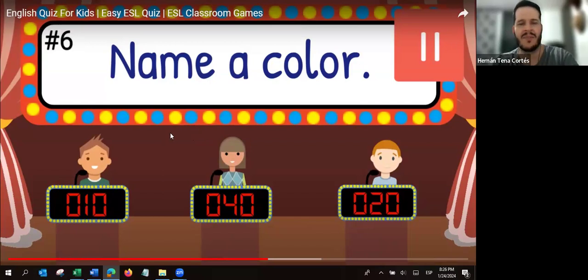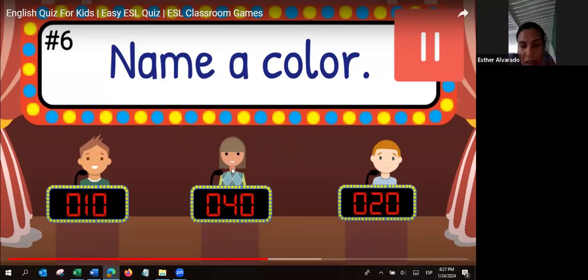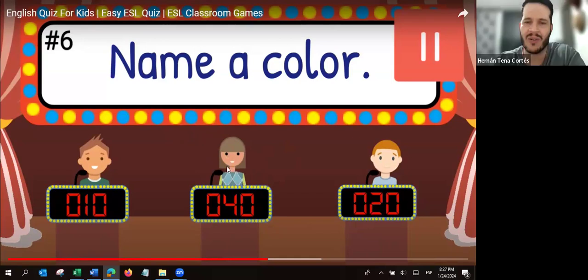This is name a color. So, Gabriel, why don't you name a color? What do you think the most popular color would be? Brown. Okay. Esther, what do you think? Black. Alfonso? White. And Jen? Red.